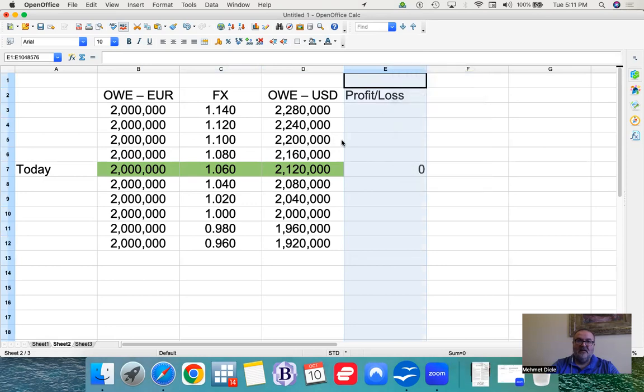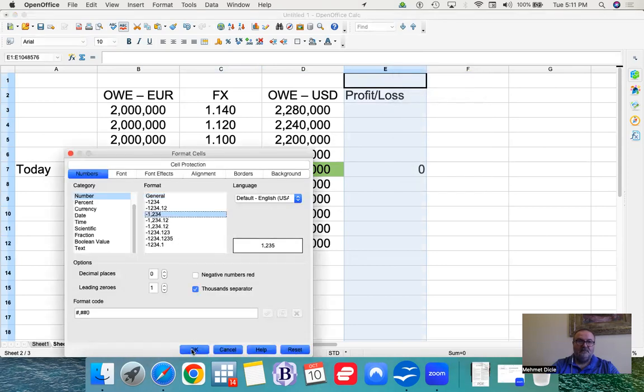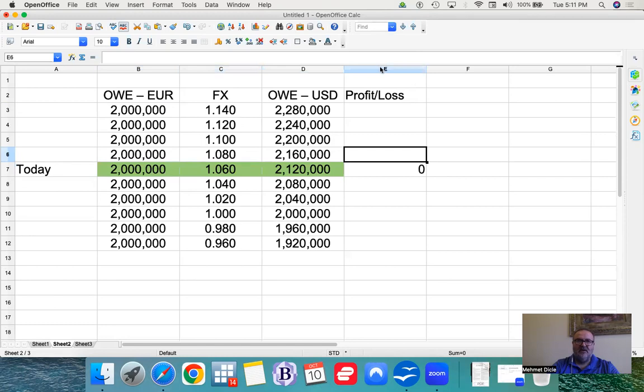And at the exchange rate of 1.08, this minus this will be our loss. So since this is going to be our loss, let's make it negative.